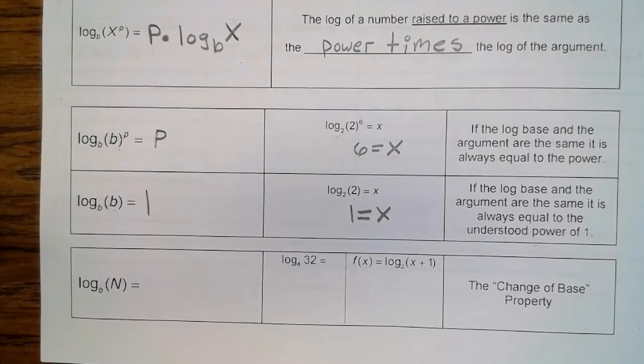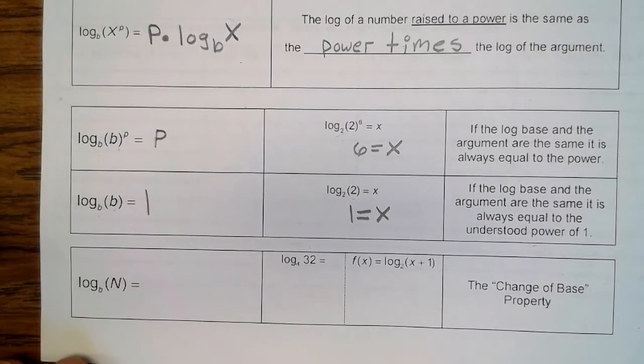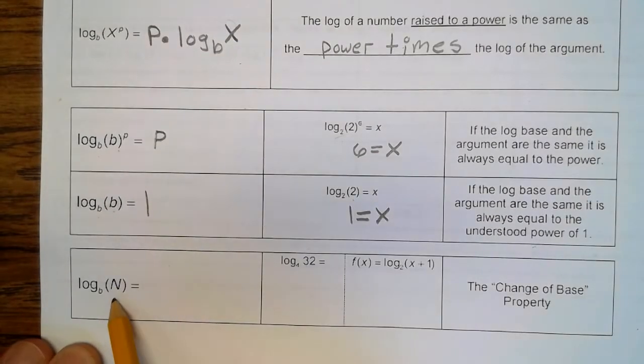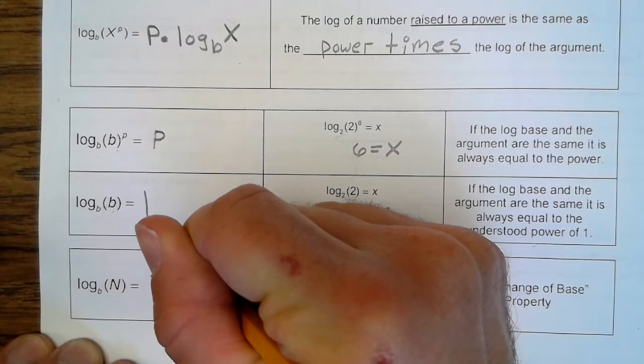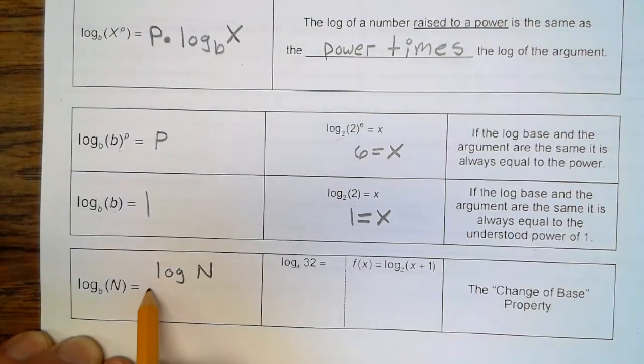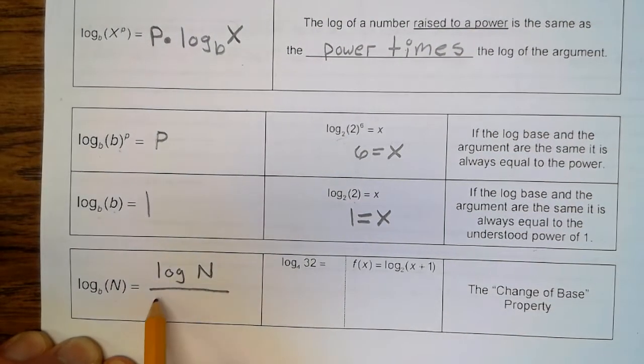All right, now the change of base property. So basically that says that if we have log base b of n, that can be written as log of n divided by log of b.